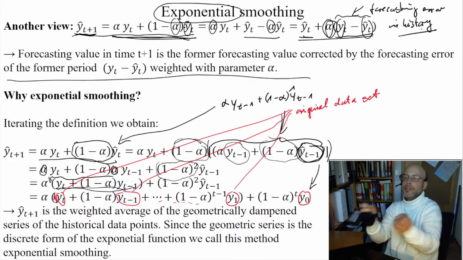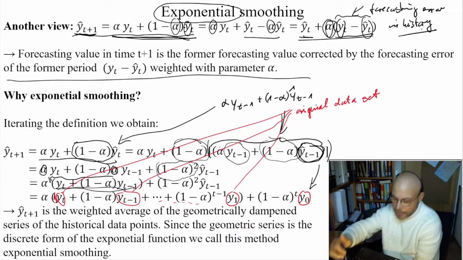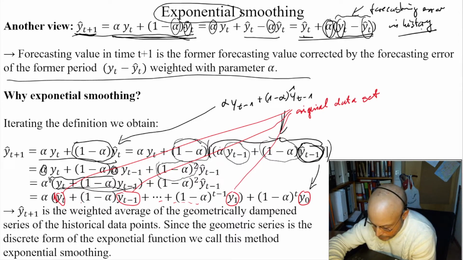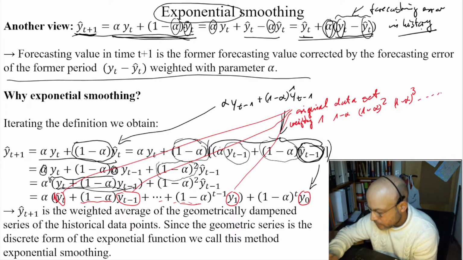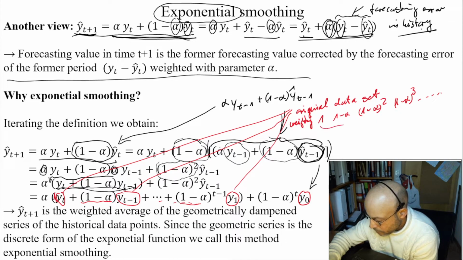And this original data set is weighted with the factors 1 minus alpha, (1 minus alpha) squared, (1 minus alpha) to the power of 3, and so on.